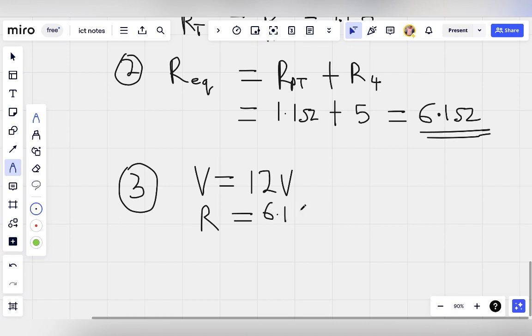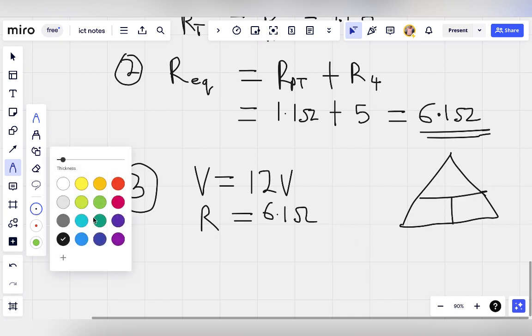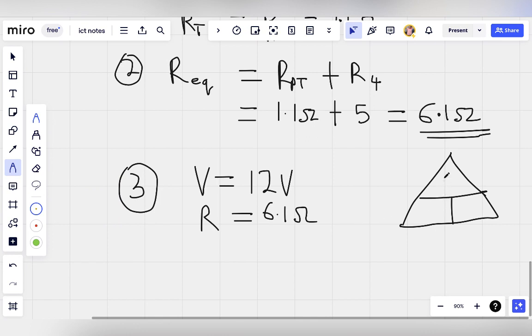Now from Ohm's law, we can easily find the current, or from the triangle formula for current. If you draw a triangle for current, you have voltage here, current here, and resistance here.